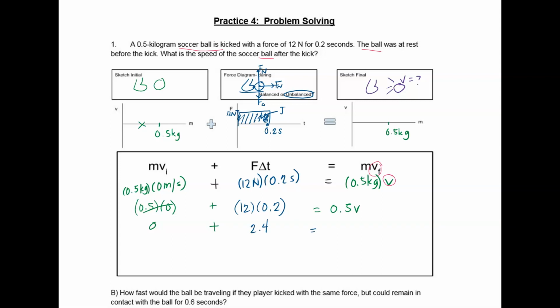Okay, so then 0.5 V, we're going to divide both sides by 0.5, and we have a velocity of 2.4 divided by 0.5, which is going to be 4.8 meters per second.